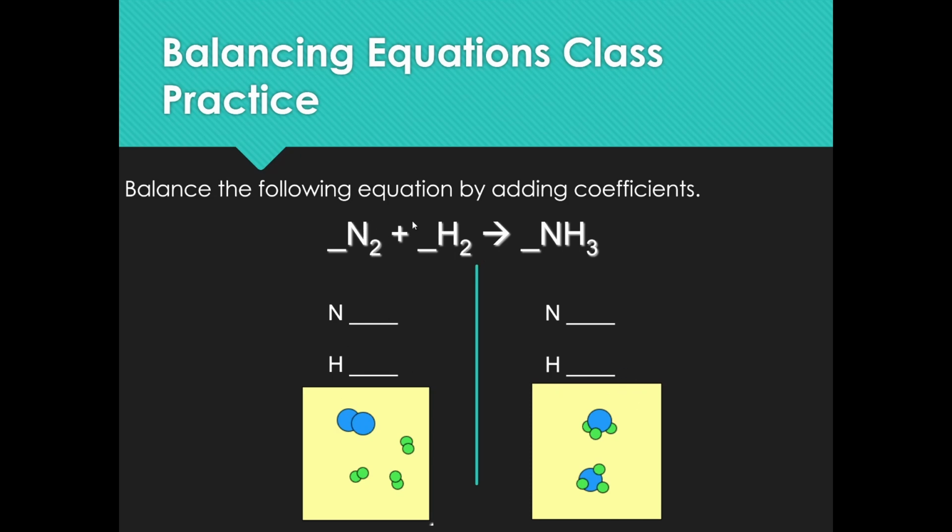This should become fairly obvious at this point. You multiply with a coefficient of 3 in front of the H2 gas, and you get 6 hydrogen molecules, or atoms, sorry. Therefore, it is a single coefficient, 1, of the N2, and 3 of the H2s, and then 2 of the NH3s.